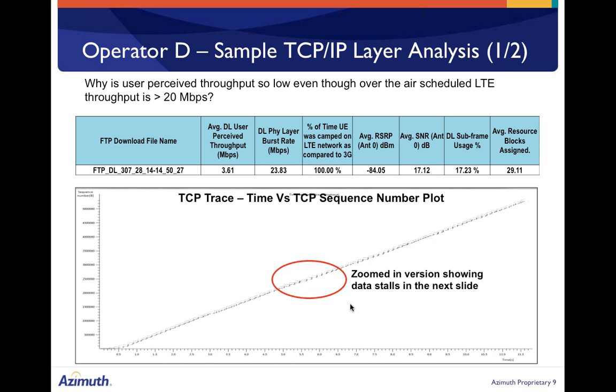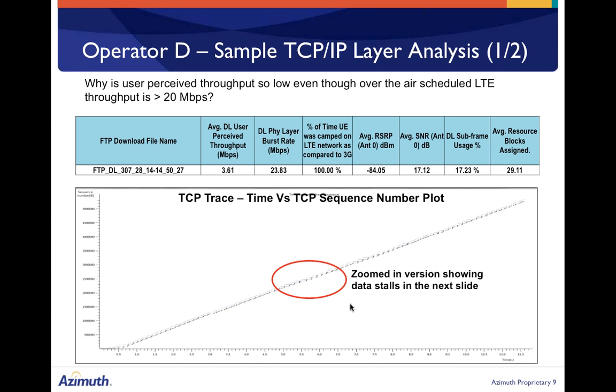So even though the physical layer speeds are very high, when you look at a 10-second download, only 1.7 seconds of the download are being scheduled or used by the LTE network for sending the data transfer. And for pretty much 8 seconds of the data transfer, there is no data coming in from the network. That's what the subframe usage really means. And that triggered us to look at the TCP/IP layer to understand how data transferred from the network to the UE at the TCP/IP layer.